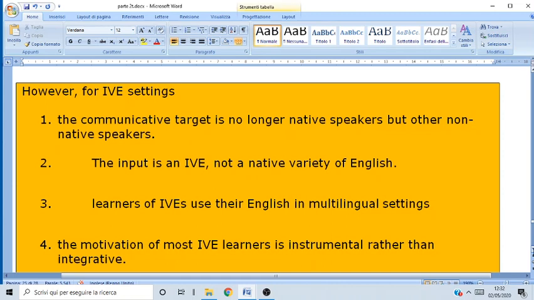They communicate with people who are not native speakers. Plus, they are not learning English directly from native speakers. The input comes from a person that belongs to their group, to the indigenous varieties of English.